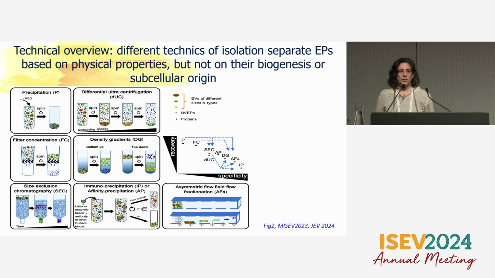So all these methods are differently distributed on this grid, but the point here is that the way these methods isolate EV is based on their physical properties and not on their biogenesis or subcellular origin. So when you isolate an EV, again, you cannot really know whether it was coming from a multivesicular body or from the plasma membrane or from any other unknown origin.